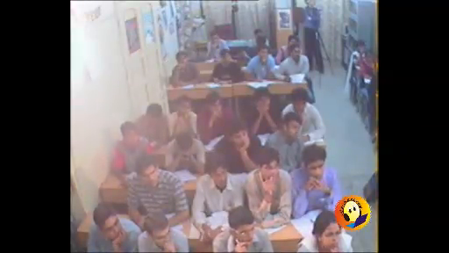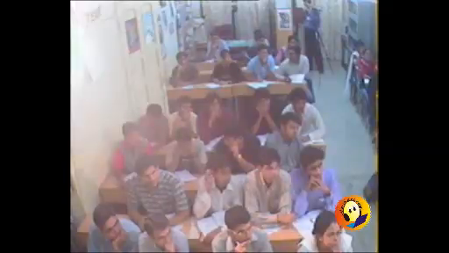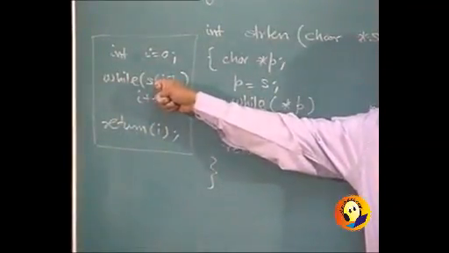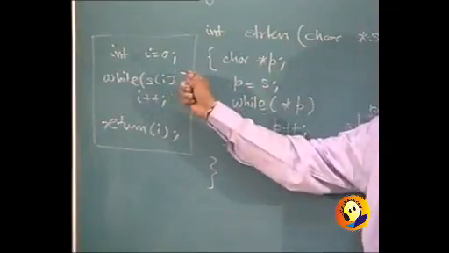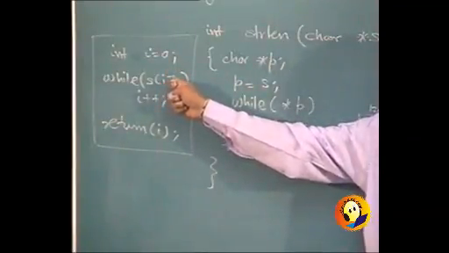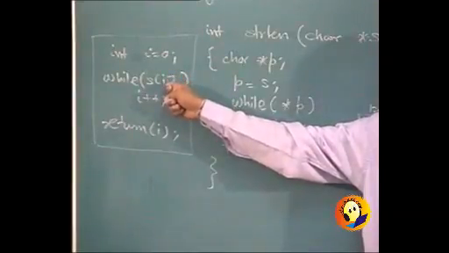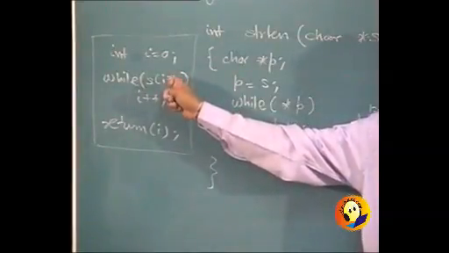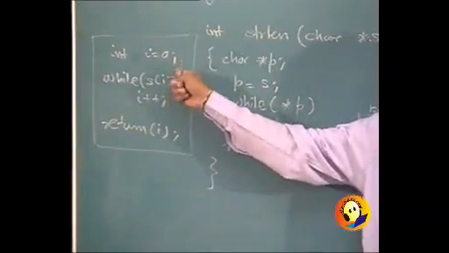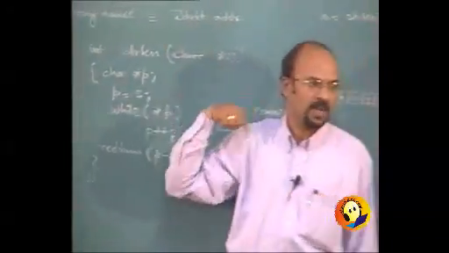If you recall, I have told you earlier how the address will be calculated. It will always be base address plus i into the size. So whenever you are referring to s of i, first of all, i gets multiplied by 1. That will be the offset which will be added to s, and then from that address the value will be fetched.